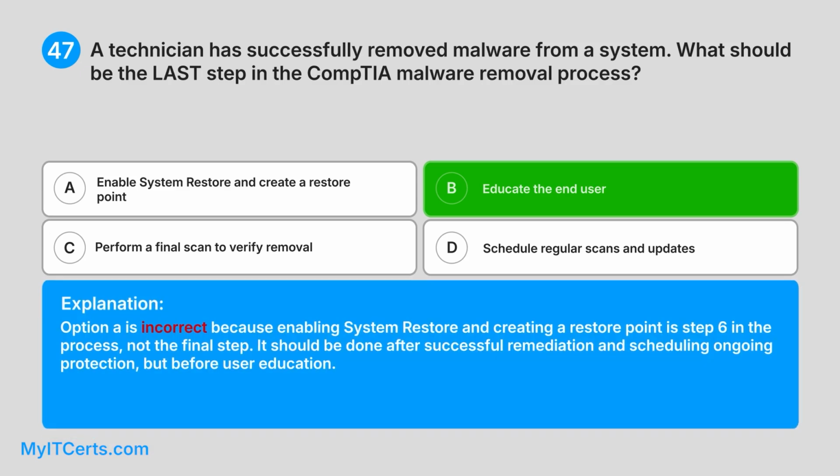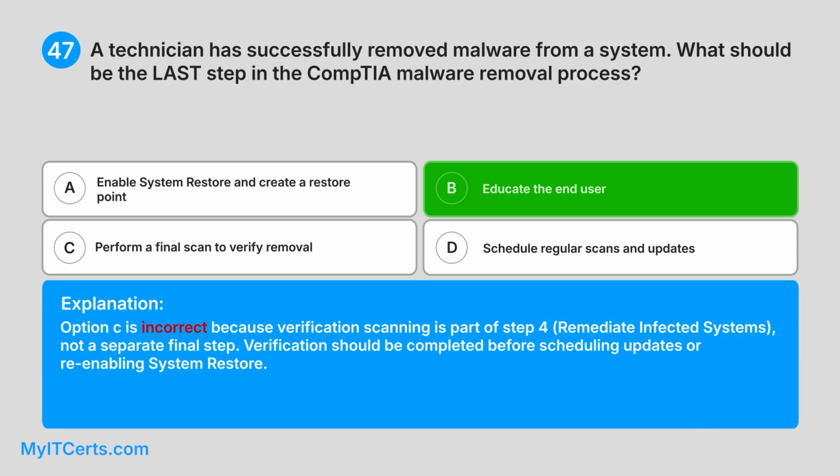Option A, Enable System Restore and create a restore point, is incorrect because enabling System Restore and creating a restore point is step 6 in the process, not the final step. It should be done after successful remediation and scheduling ongoing protection, but before user education.